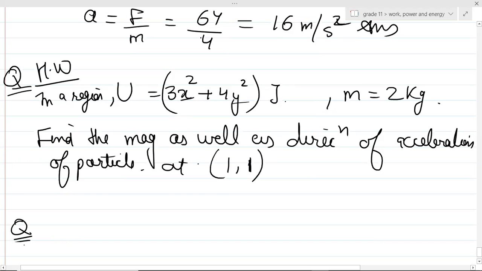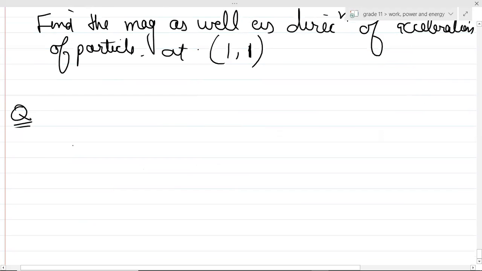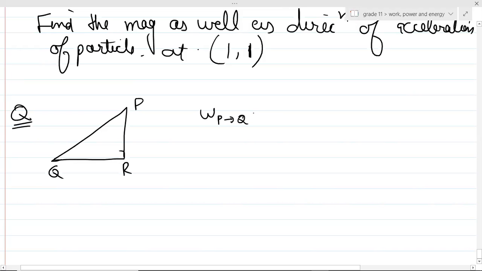Two small oral questions, no need to even write them. Suppose there is this path given, and there are 3 points P, Q and R. The work done in carrying a body from point P to Q is 5 joules, and the work done in carrying it from Q to R is 2.